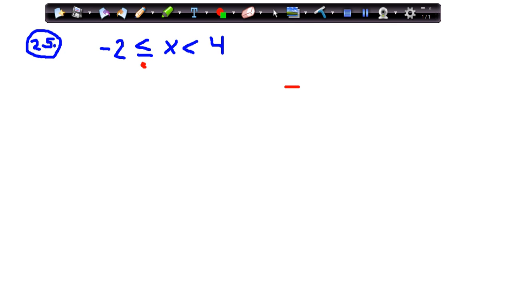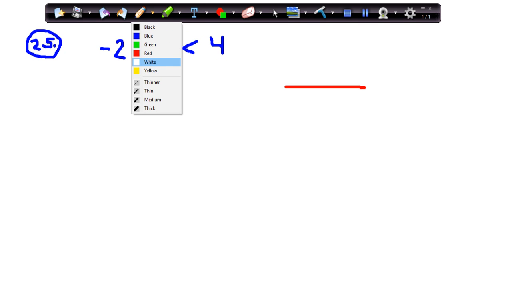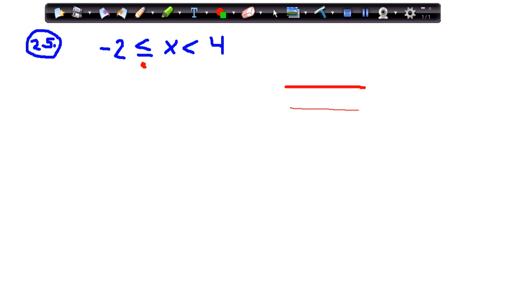The thick line. See? You have to be that thick, not that thin line, because you see part of that graph, you'll see a thin line. See? We're not looking for that. We're looking for the solution set on the thick line here. Okay? That line.